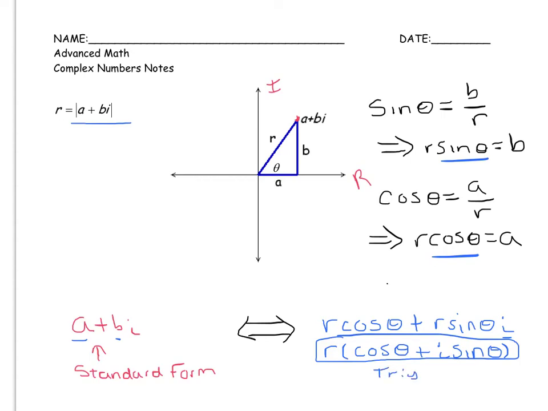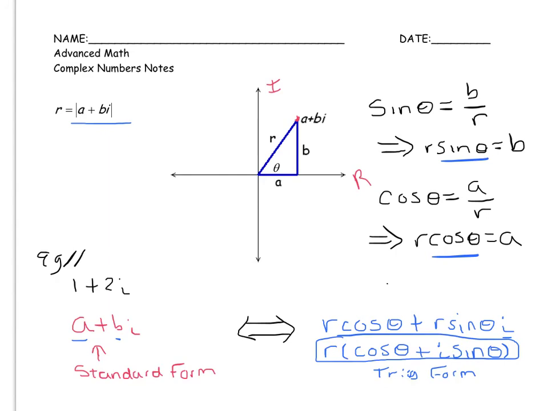Okay, so for trig form of a complex number, we just need to know r, or in other words the absolute value, the distance from the origin, and the angle that's made with the complex number in standard position. So we'll be using both of these. Just as an example, in standard form, for instance, if I have the number 1 plus 2i, that's in standard form.